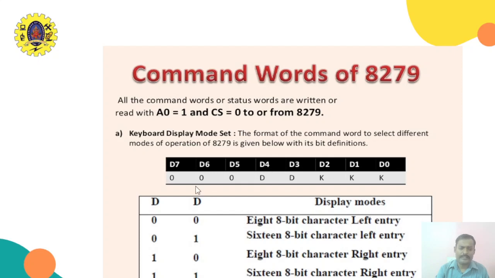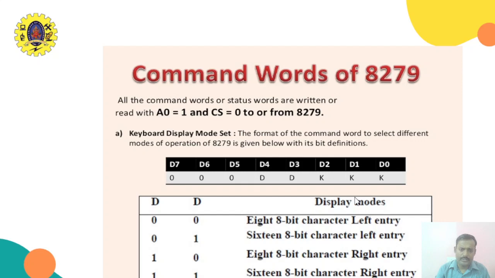Look at the command words. For this, display and keyboard both have them. DD is for display and K is for keyboard. 00 means 8 8-bit character, left entry.